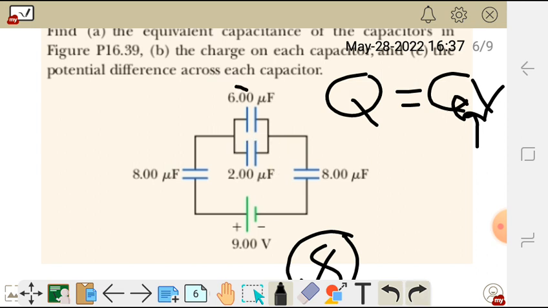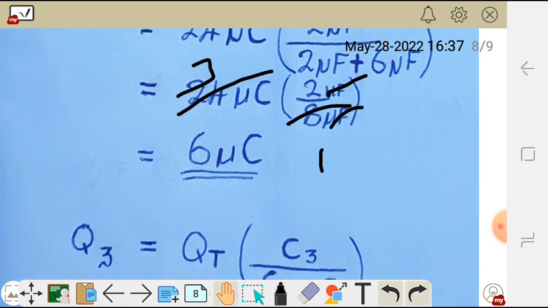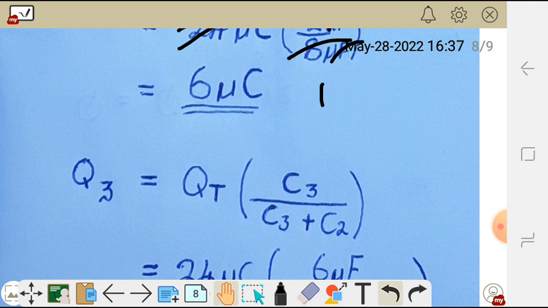For the 6, we do the same, that is Q3. Here we use C3, which is capacitor number 3. We take the total charge and multiply it by C3 over C3 plus C2.